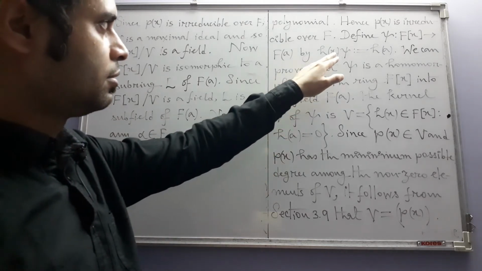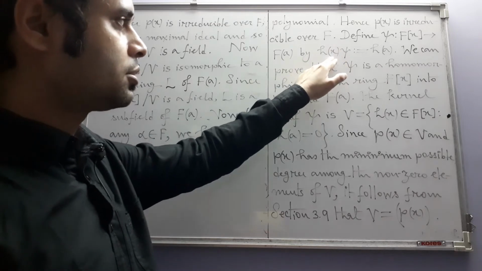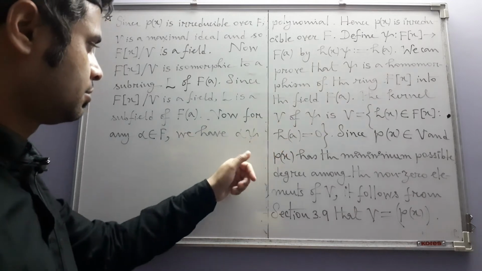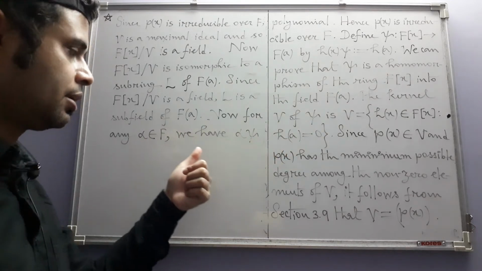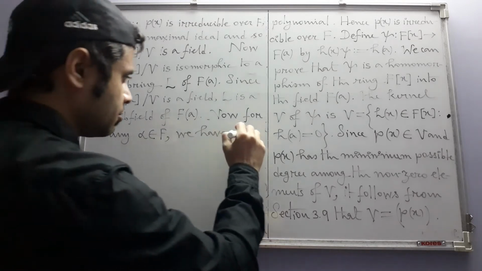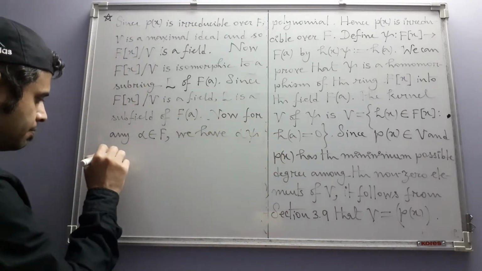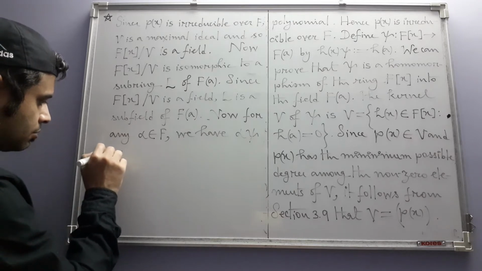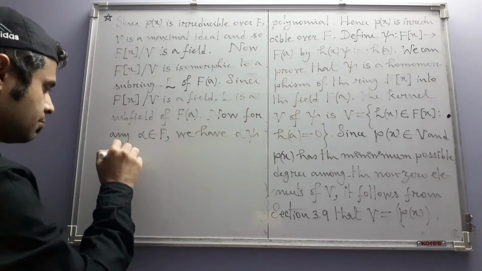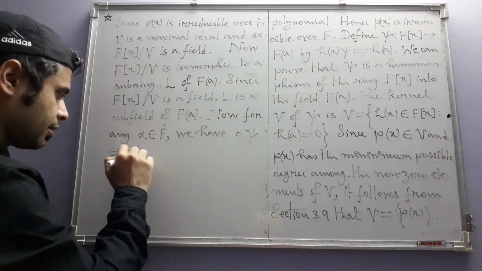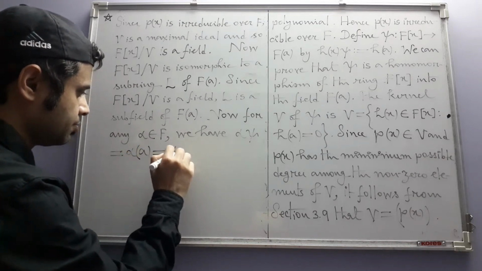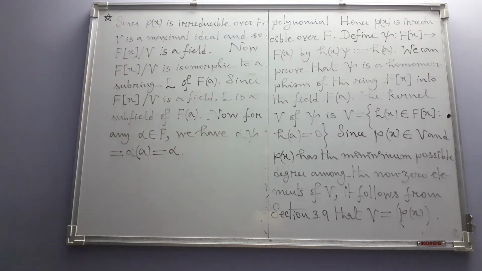You see, the inputs in the function psi are polynomials over F. So we can think of alpha as a constant polynomial over F, which actually it is. So if you calculate the psi image of alpha, then by definition it's evaluating alpha at a, but since alpha is a constant polynomial, this is equal to alpha.